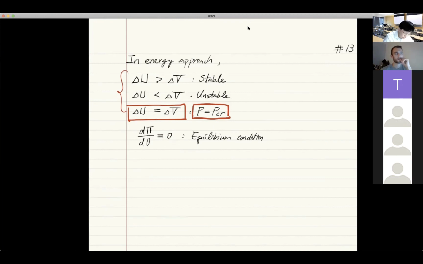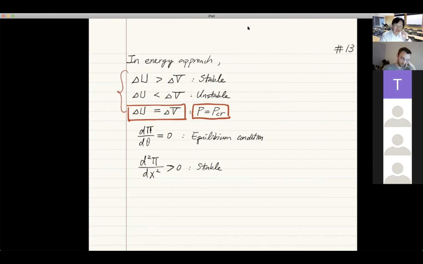When the second order derivative of the total potential energy with respect to the variable, in this case theta, in other cases it could be x or y, when this is greater than 0, we call it stable.